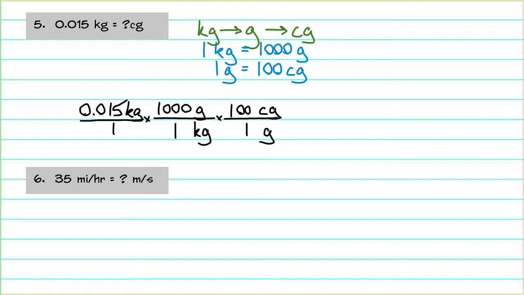Let's cancel the units. Kilograms cancel, grams cancel, and we're left with centigrams, so we should get the right answer. Plugging that into your calculator, the final answer ends up being 1,500 centigrams, which seems just about right.